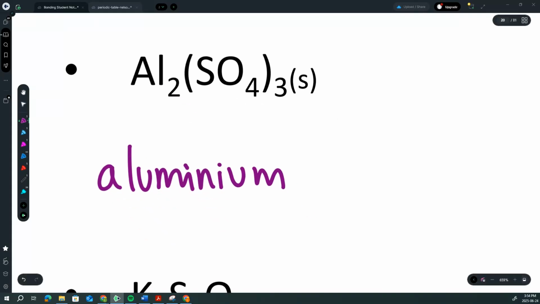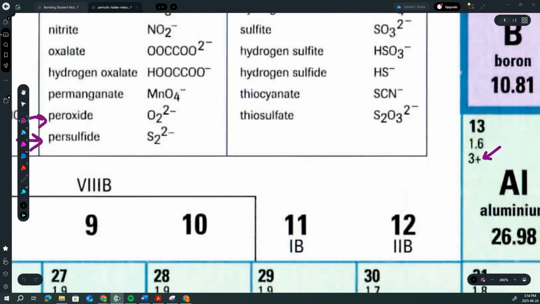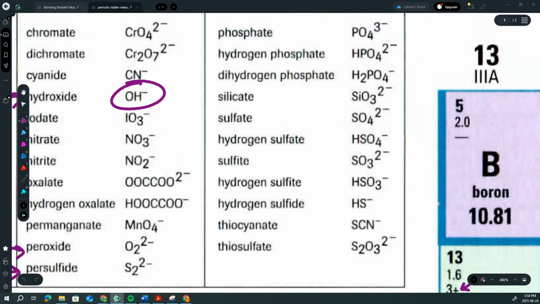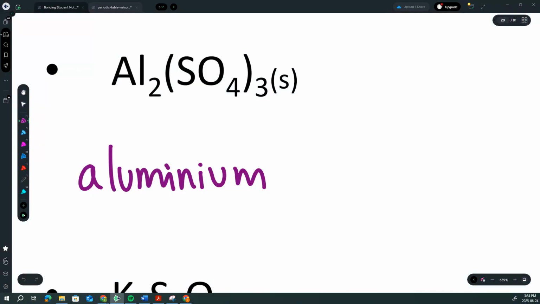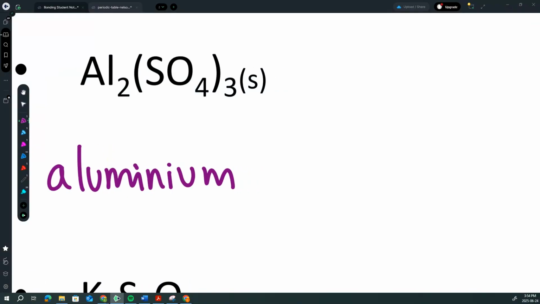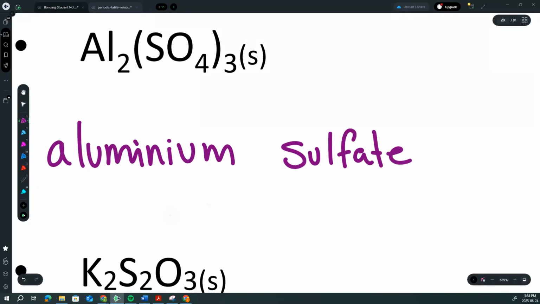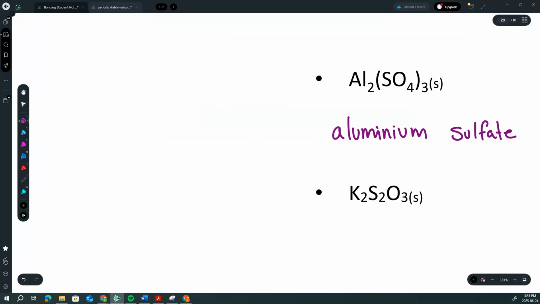So SO4, if I look at my list of polyatomic ions, I'm going to find it right here. So that's sulfate. So when you're writing the names of the polyatomic ions, you do not change them from how they are written in your periodic table. So this is going to be aluminum sulfate. Okay. Moving on.